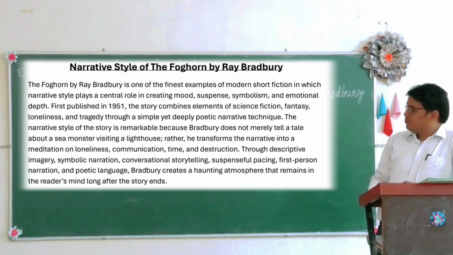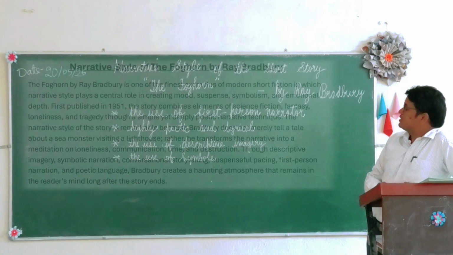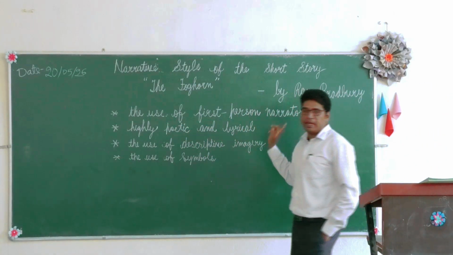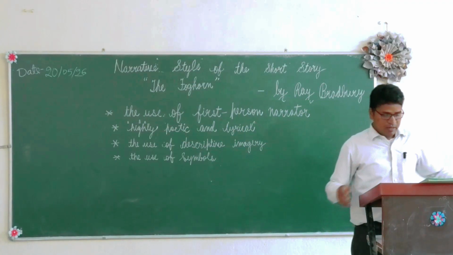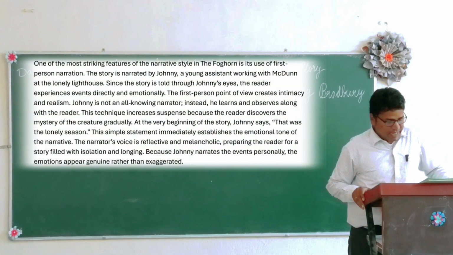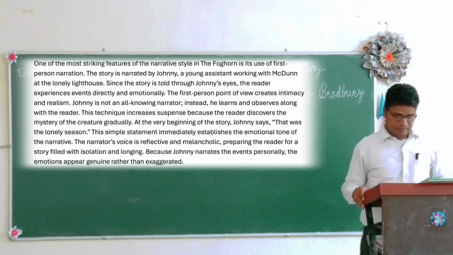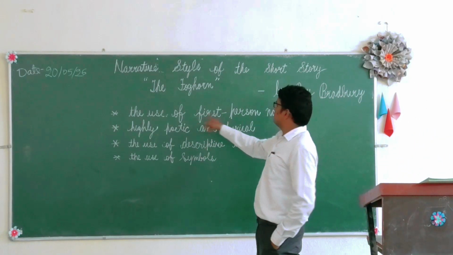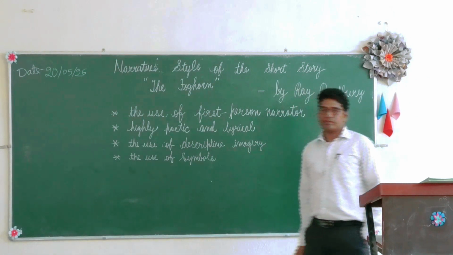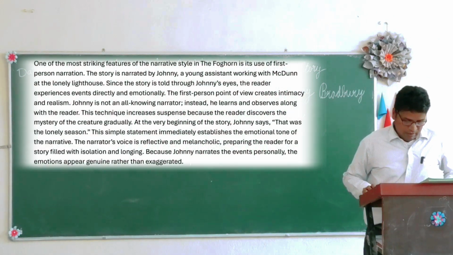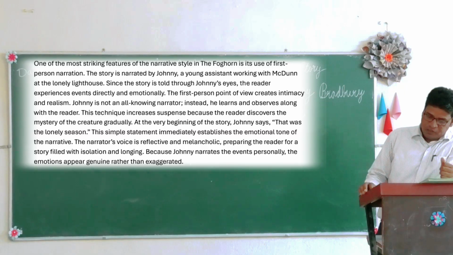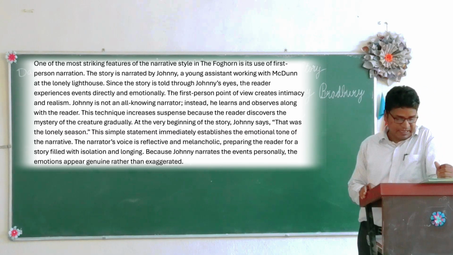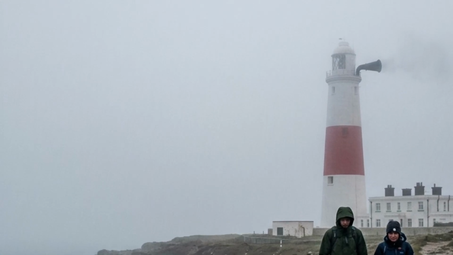So the first point we are going to discuss is the use of first-person narrator. One of the most striking features of the narrative style in The Foghorn is the use of first-person narrator. The story is narrated by Johnny, a young assistant working with Mike Dunn at the lonely lighthouse.